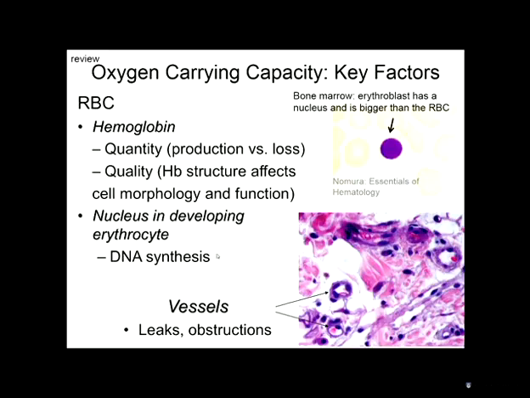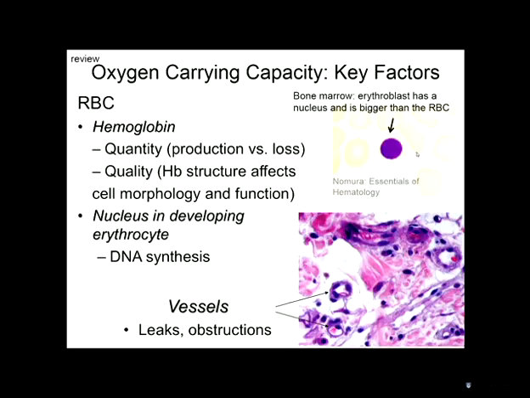It's not intuitively obvious that nuclei are important for red blood cells, because red blood cells don't have nuclei. Well, it turns out that DNA synthesis in the nucleus in the developing erythrocyte is also extremely important in what happens to the red cells. Every step before the mature red blood cell enters the bloodstream, all of those preceding steps of development along the myeloid lineage, involve cell division and differentiation, which involves a nucleus.